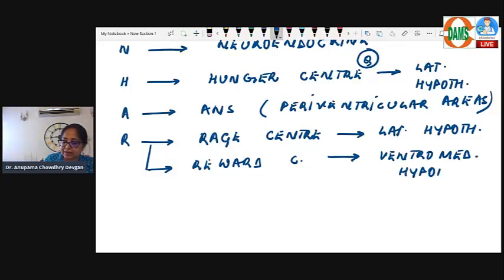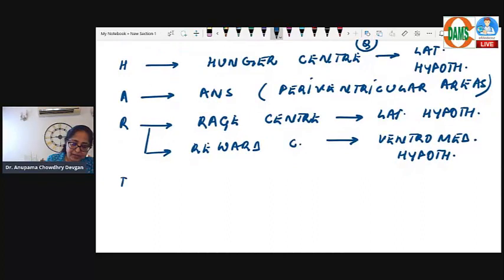Rage center, lateral hypothalamus. Reward center, ventromedial hypothalamus. T, thirst center. So basically, the hypothalamus controls hunger as well as thirst. And which part of the hypothalamus? That is the lateral hypothalamus.